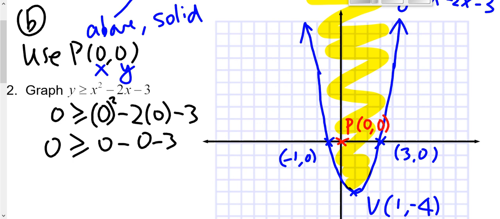Left hand side 0 again, greater than or equal to, right hand side 0 minus 0 gives you 0, 0 minus 3 gives you negative 3. So if you look at this, 0 is of course greater than or equal to negative 3. In other words, you can also say that negative 3 is less than or equal to 0. So this is correct. If this is not the case, that means you shaded the region wrong. Okay?